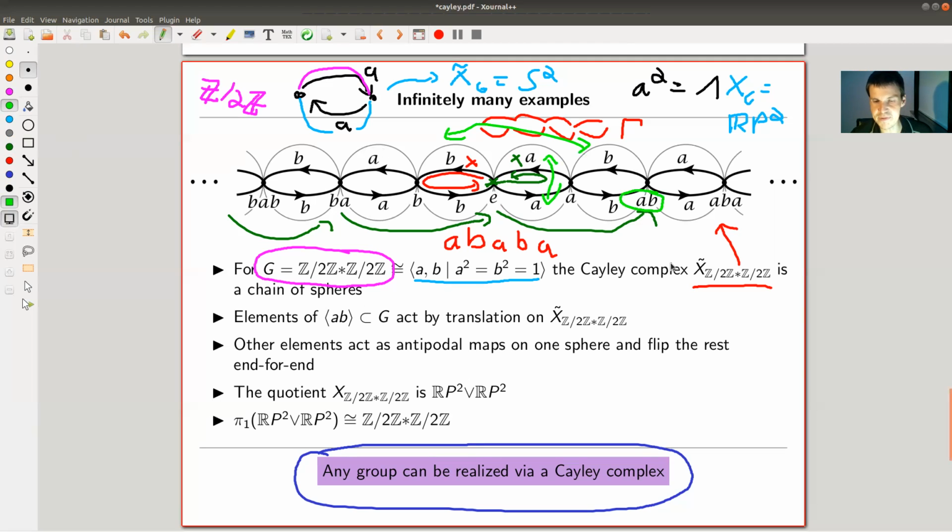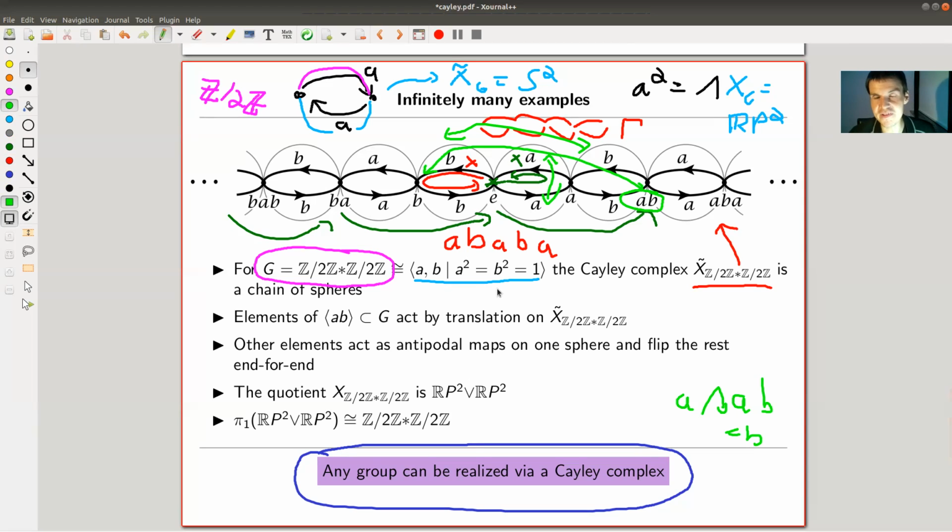So you have AB, and A acts on this, let's say from the right. This gives you B, and this is a reflection of this point to here. So you also have this funny action by an antipodal map on the fixed sphere, an end-for-end flip map on the rest, and a translation. So AB translates everything.